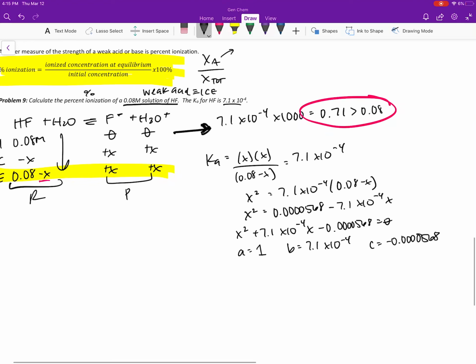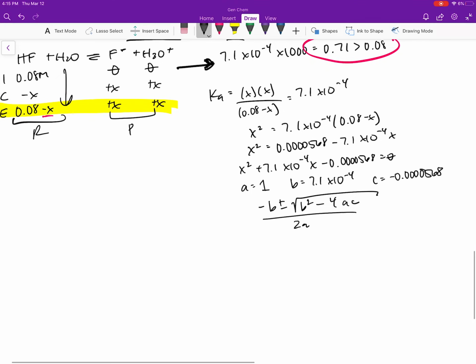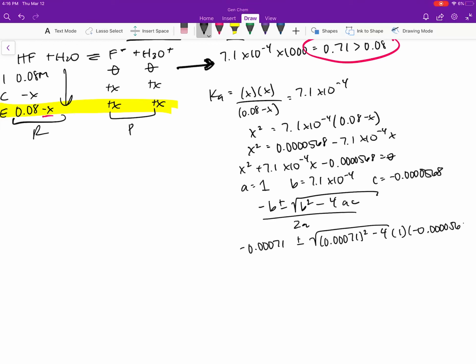So now that my answers are in terms of A, B, and C, I'm going to plug them into the quadratic. I usually take these problems step by step because I don't like to make a mistake, and you don't always see that you've made a mistake. So I recommend solving for each piece one at a time.